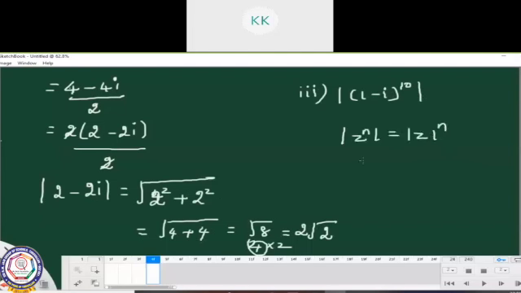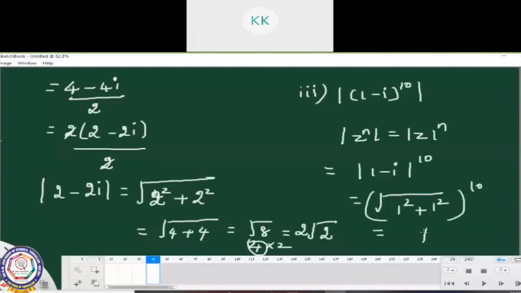So modulus of 1 minus i, the whole power 10. First take the modulus of this number. It becomes root of 1 square plus 1 square, whole power 10. So it gives root 2, whole power 10.